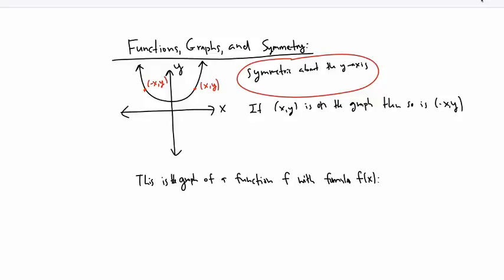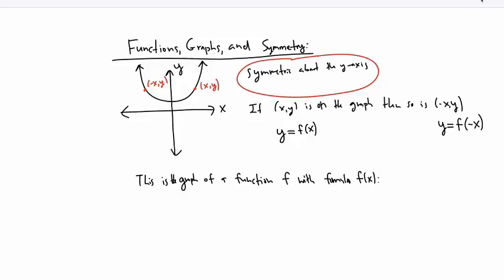Now, for a point on the graph, the second coordinate is the output f of x. So here y is f of x. And here y is the output for the input minus x.